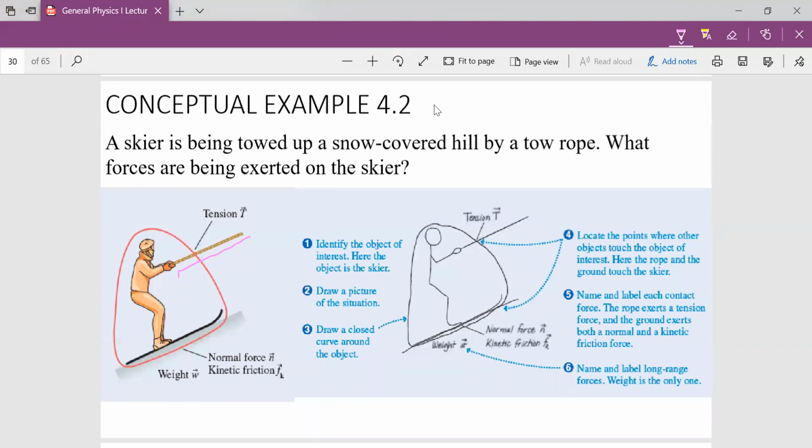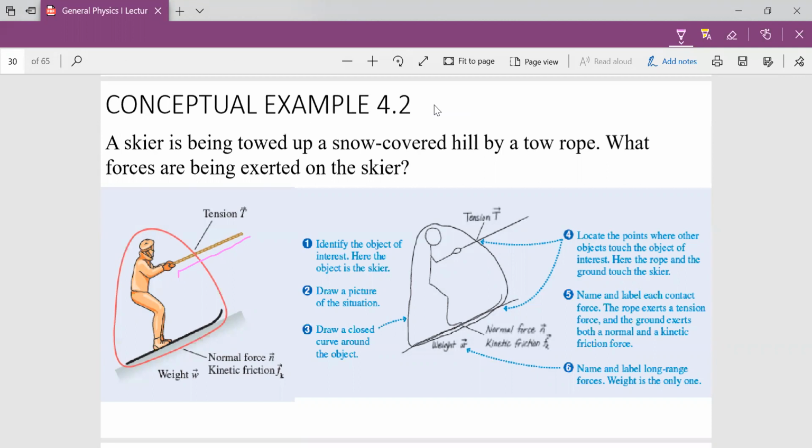Whenever we see a rope, we know there's tension force present, and it's the contact force that is readily present when there is rope. So, a skier is being towed up a snow-covered hill by a tow rope. What forces are being exerted on the skier?